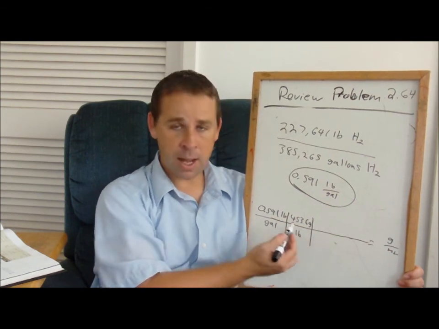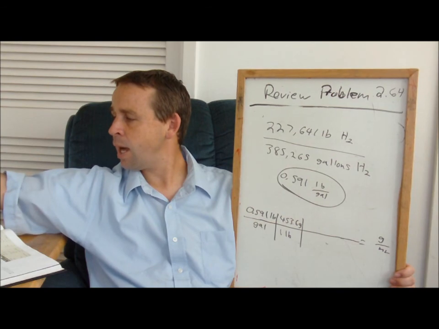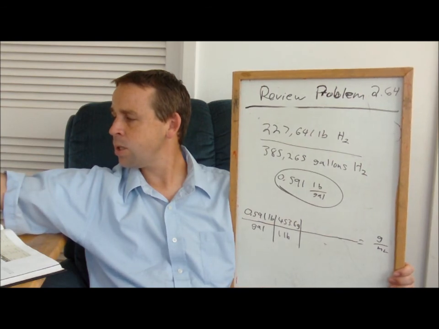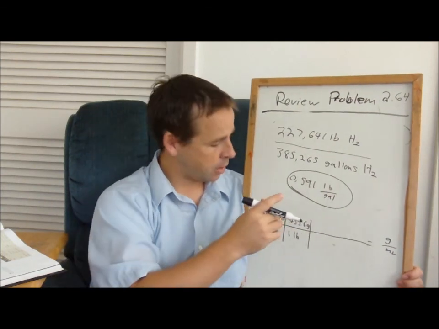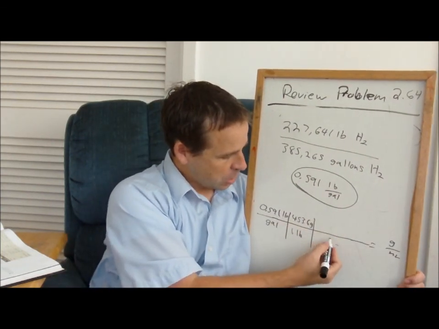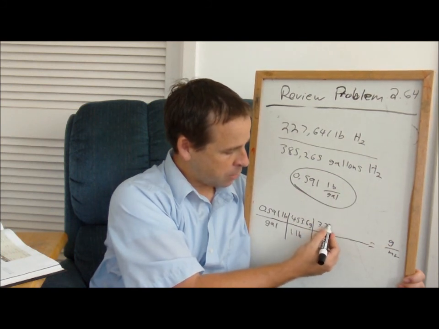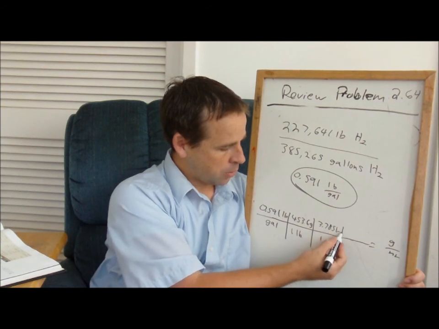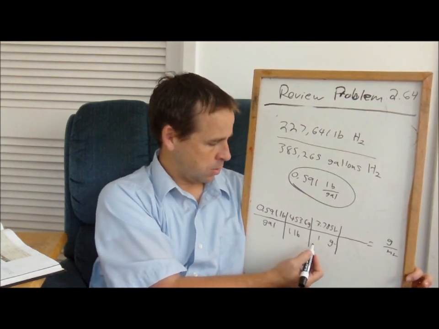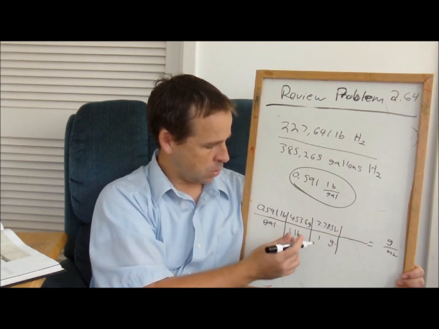Now we need to get gallons to milliliters. Again, table 2.3, gallons: there's 3.785 liters per gallon. Oh whoops, we did that the wrong way.